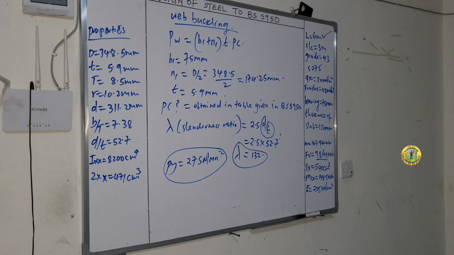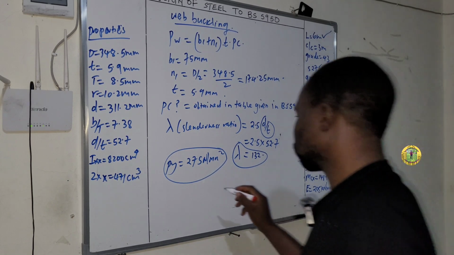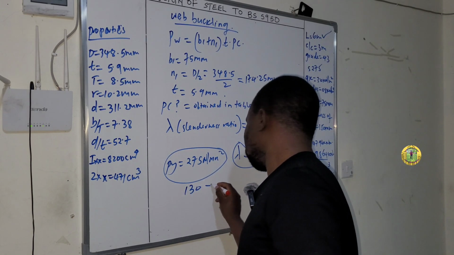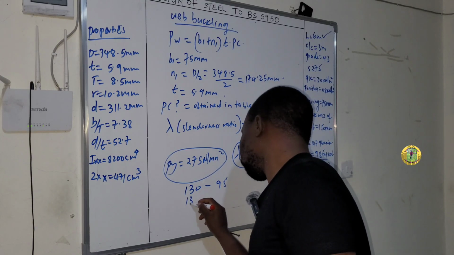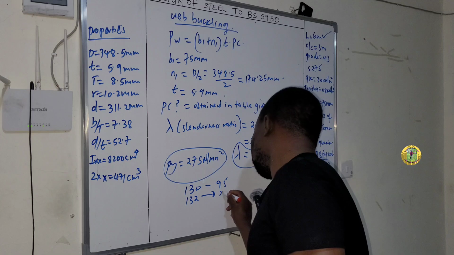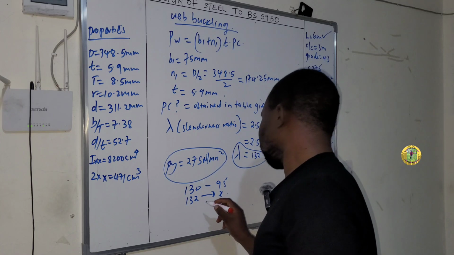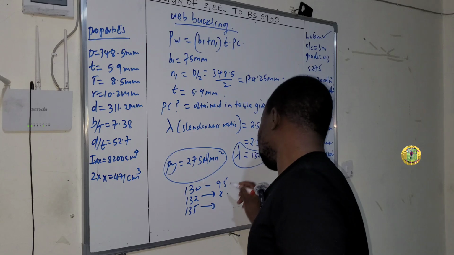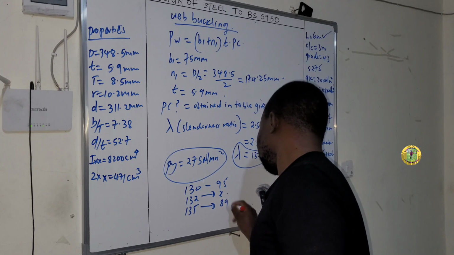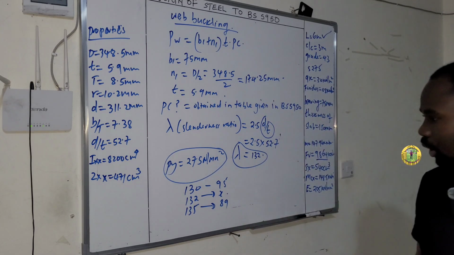We have 130, which is equal to 95, and then we have our value here, 132, x, and then we have 135, which is equal to 89. After doing so, we will interpolate.